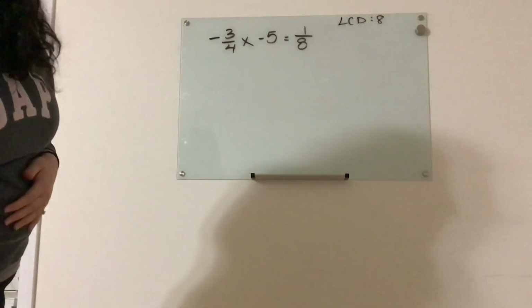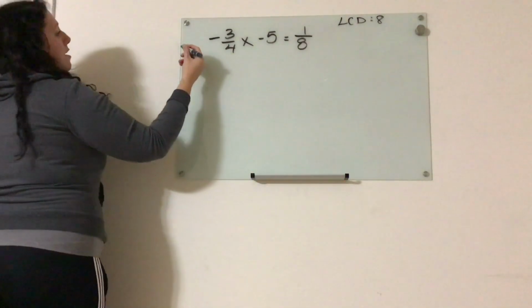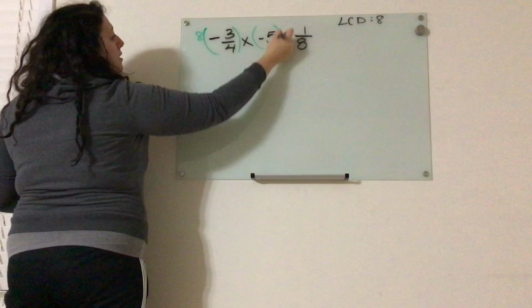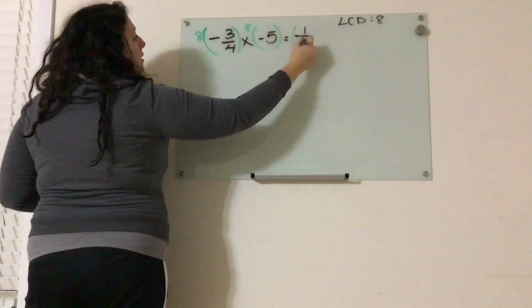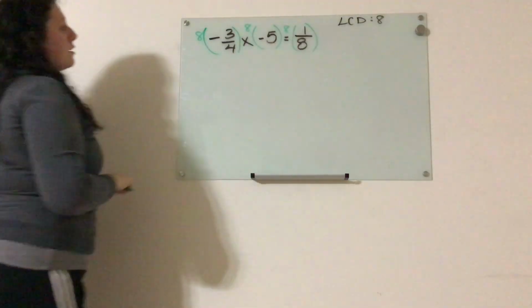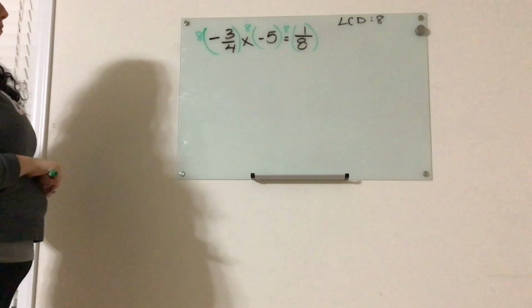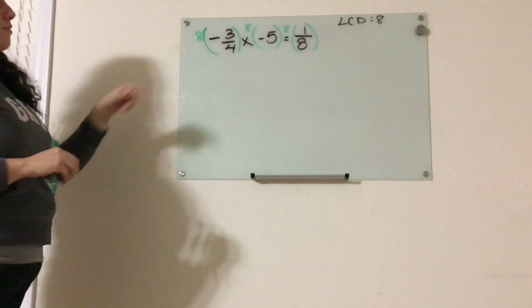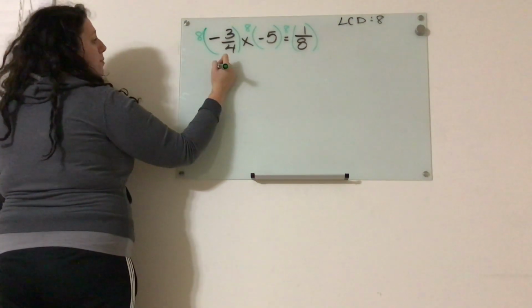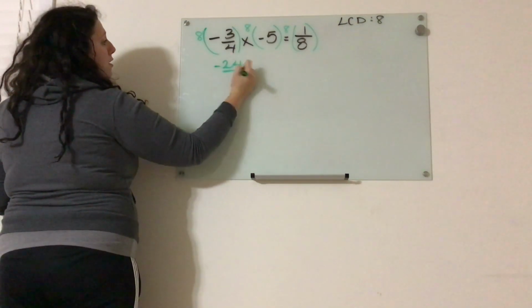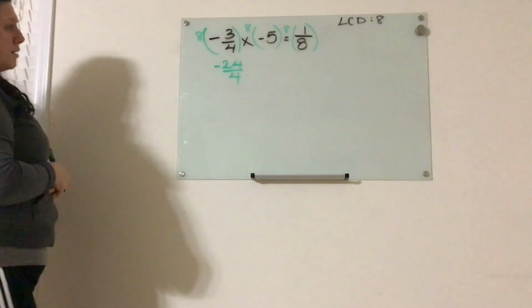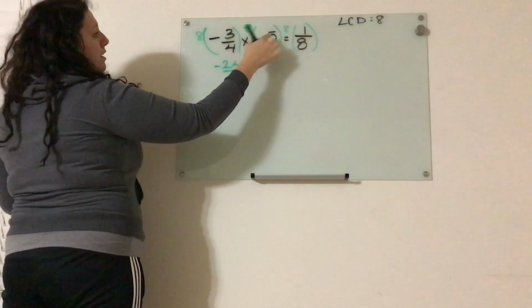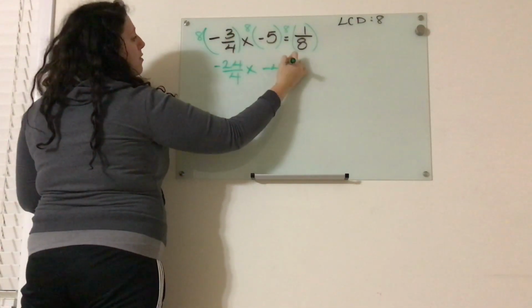So I'm going to take each term in this equation and multiply it by 8. All right, so I have 8 times negative 3, which is going to give me negative 24 over 4. 8 times negative 5 is going to give me negative 40.